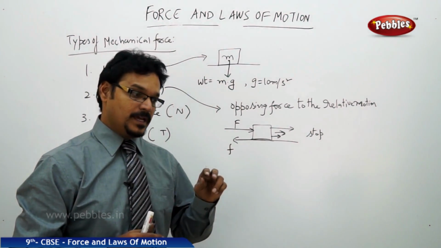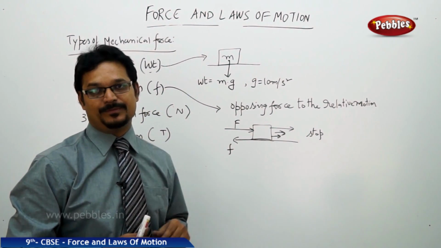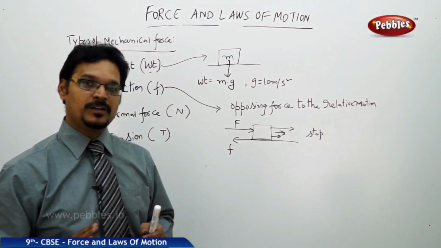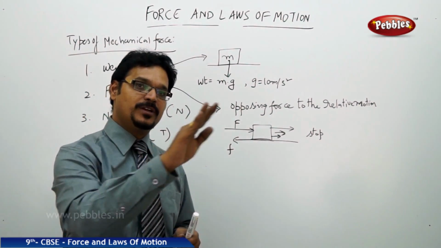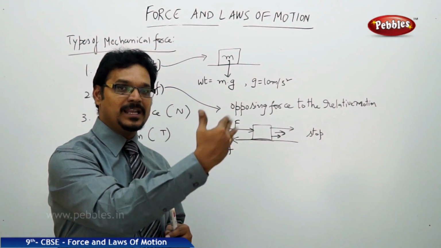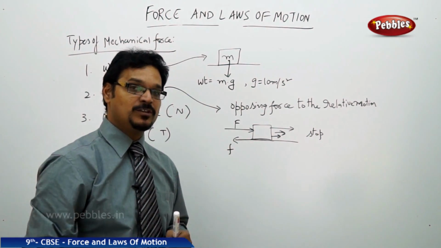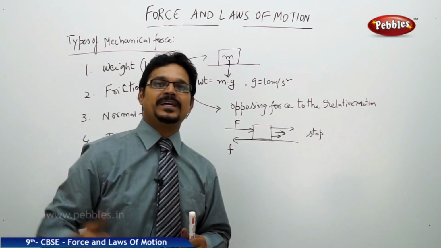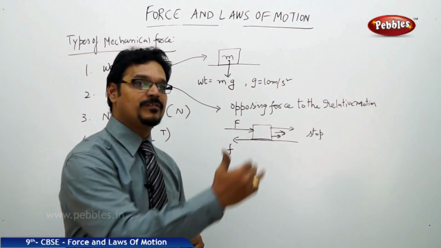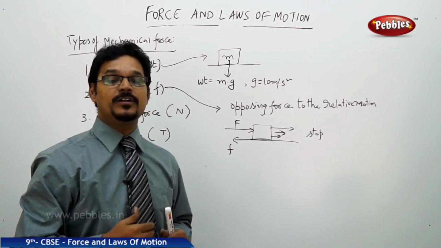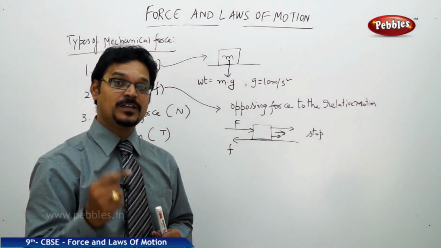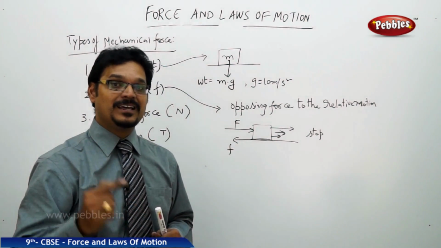Similarly, a person walking on the road, when you are raising your right foot and putting on the road, and you are raising the left foot, it's nothing but actually you are pushing the road in the backward direction. You are pushing the road in backward direction, and so you are moving forward. And how is it possible to push the road in backward direction? Because of the friction force between your feet and the road.